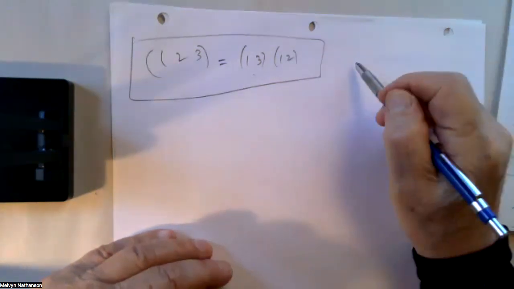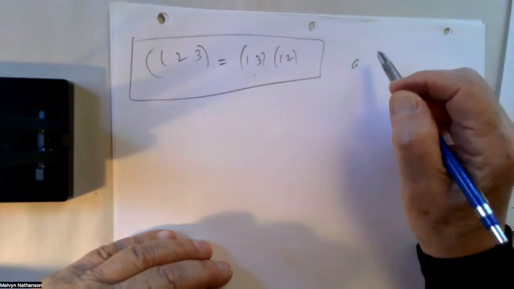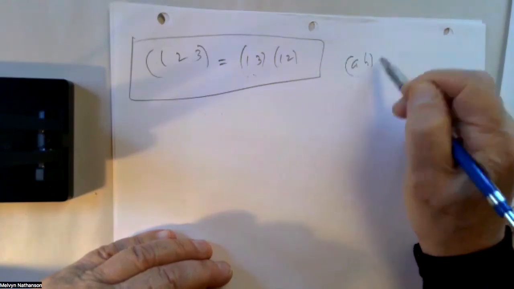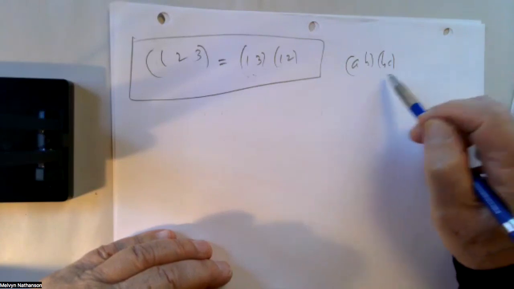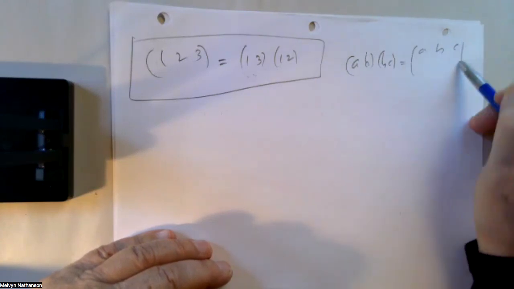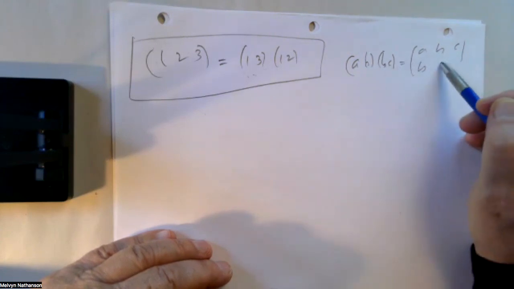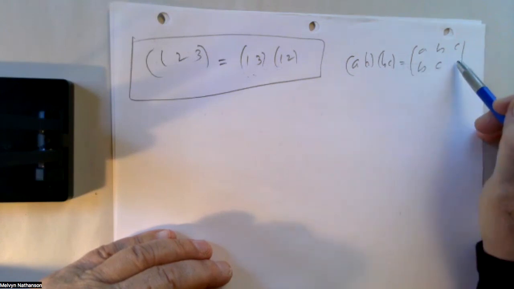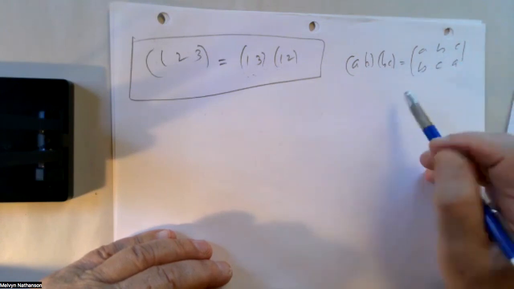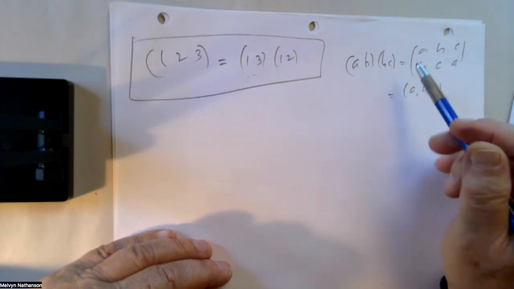And suppose I had 3 different numbers, A, B, and C. If I have AB times BC, what is that as a permutation? So this sends A to B, B to C, C to B to A. So this is the cycle that sends A to B to C. So that's kind of interesting.